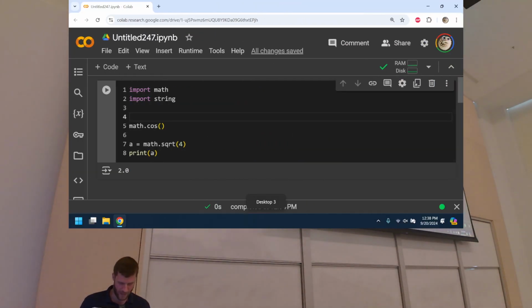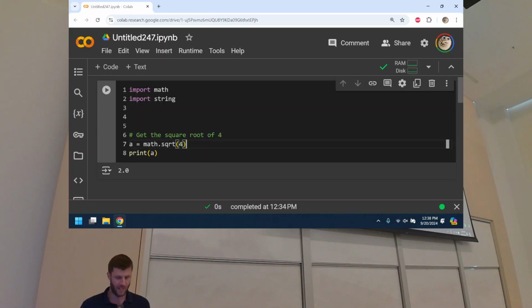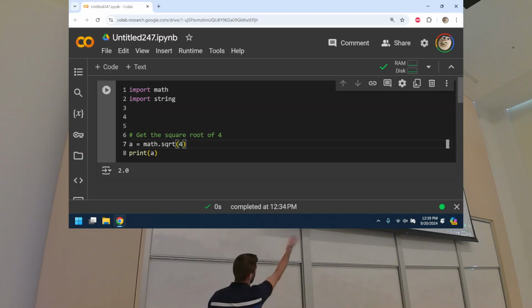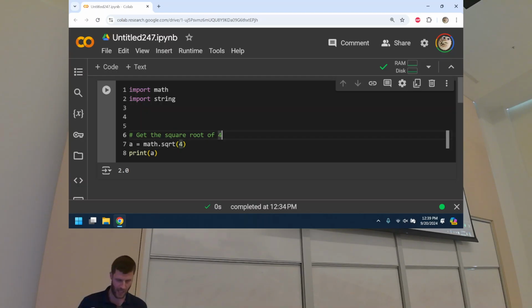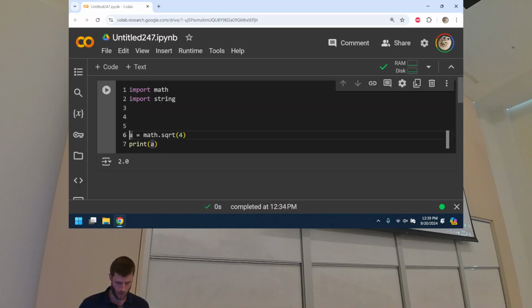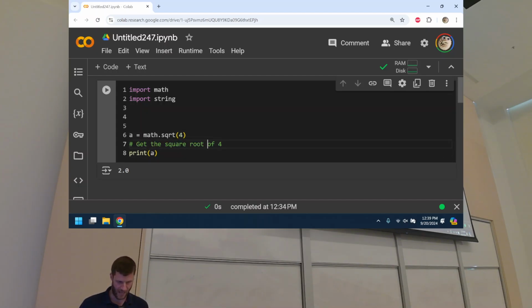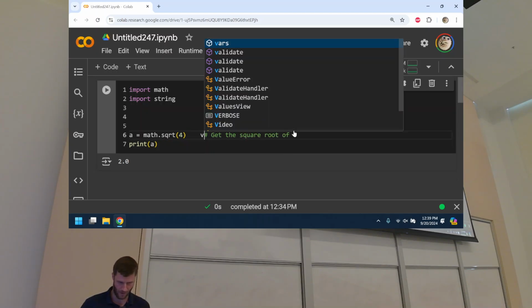You can do comments above. This would be a silly comment to include because taking the square root of 4 is quite clearly taking the square root of 4. I don't need to describe that. I'm just showing you. You could do a comment on the line above sometimes, or you could even do it on the same line, something like that.